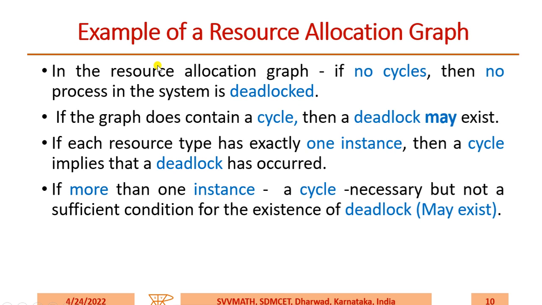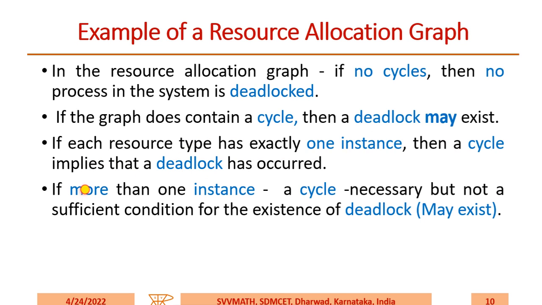Now, try to understand this. In the resource allocation graph, if there is no cycle, then there is no deadlock. If there is a cycle, I can say deadlock may exist. If a resource type has exactly one instance, meaning I don't have more than one, then if a cycle is there, I can say it is 100% deadlock.